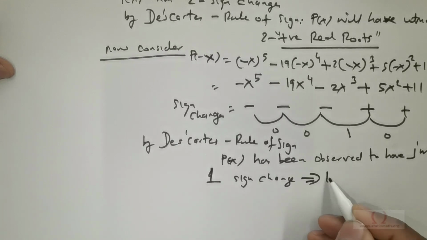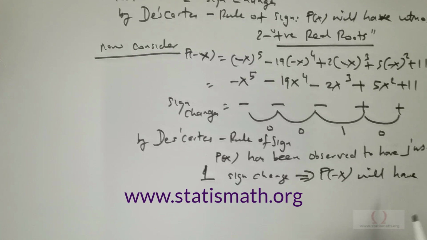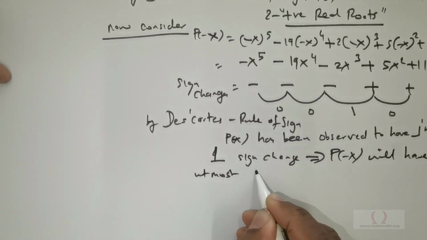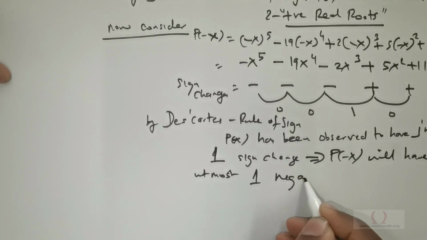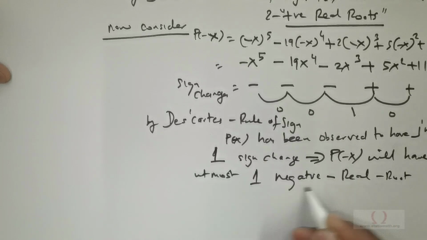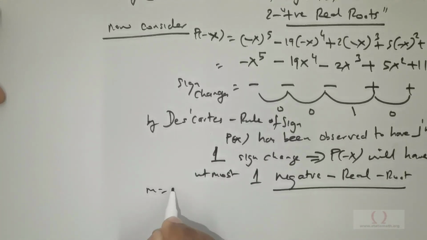So this means p of negative x will have at most one negative real root.